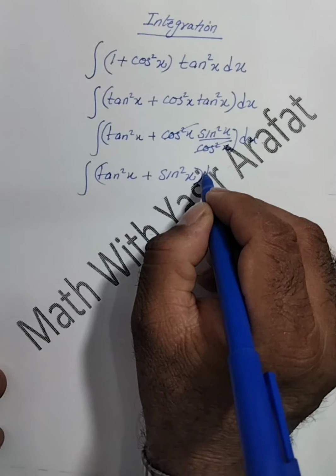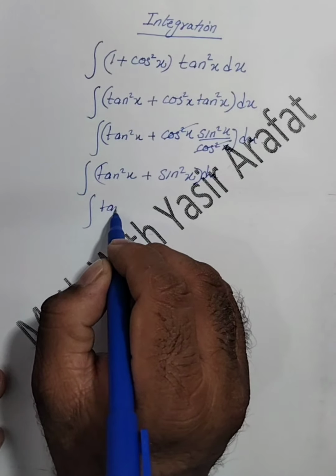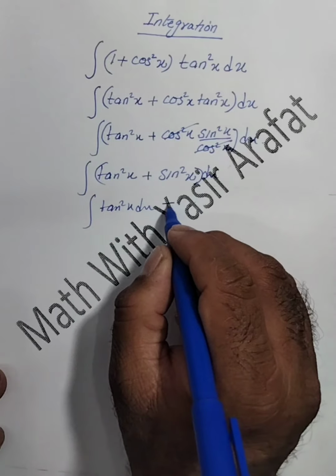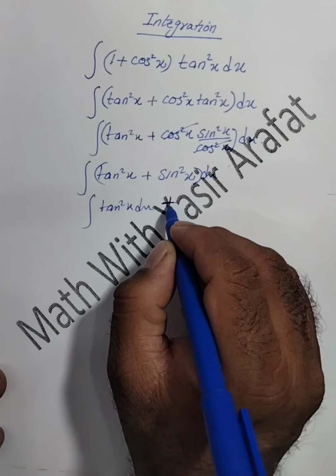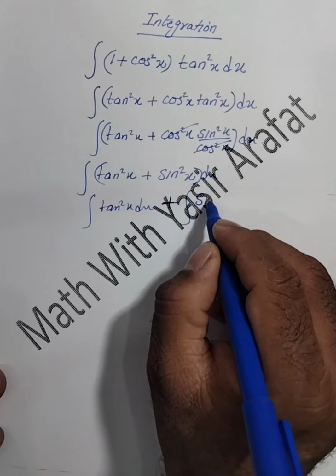of dx. Now separate this one. So this is tan²x plus sin²x.